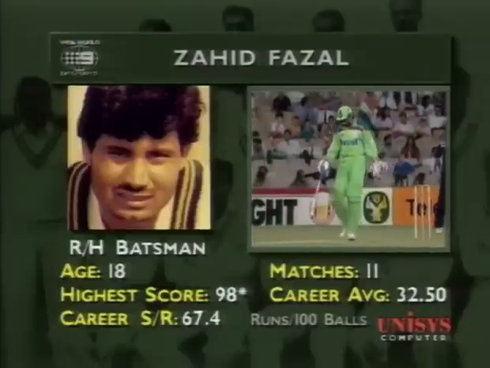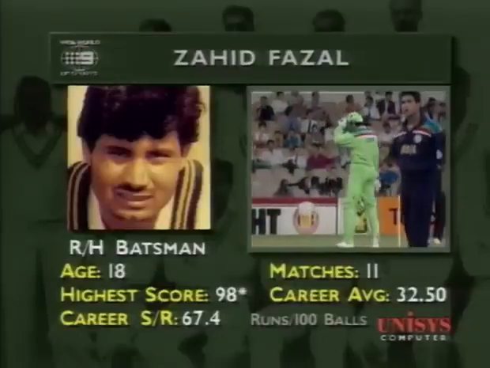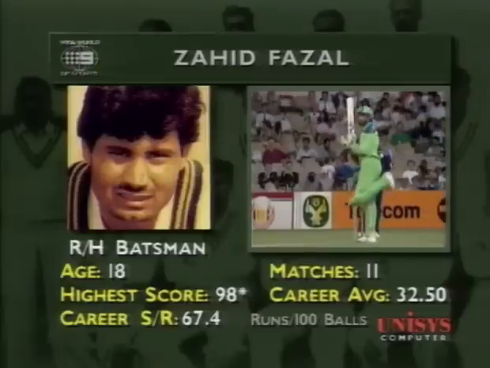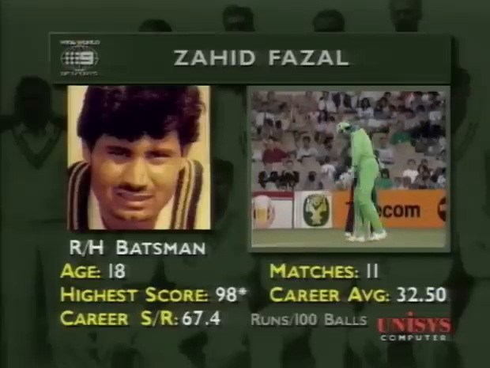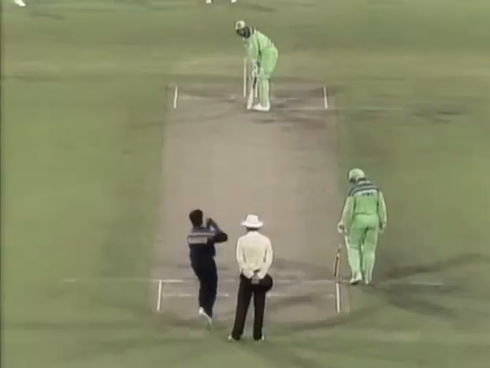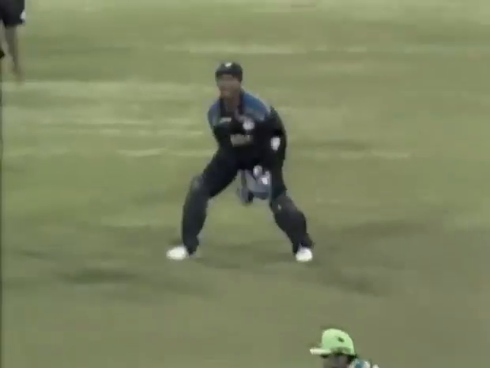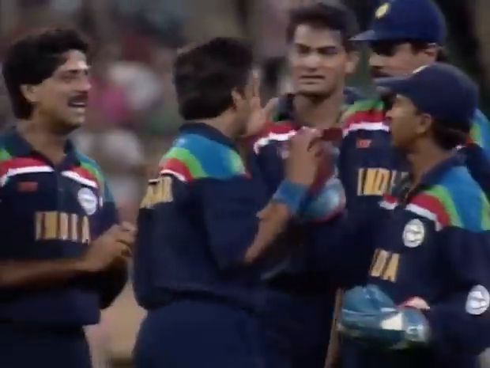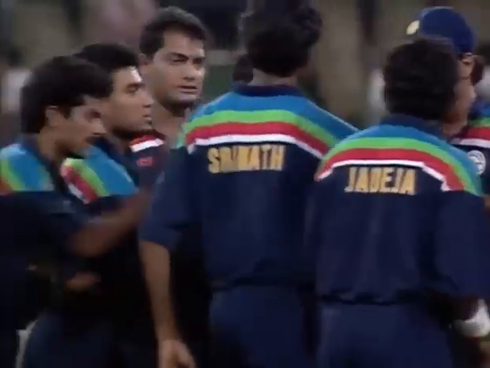Zahid Fazal, the right-hand batsman, 18 years of age, so a few youngsters playing here tonight. And that's out. That time he's got the line, the length and everything right. Fazal has been searching for the ball and he's finally found it.